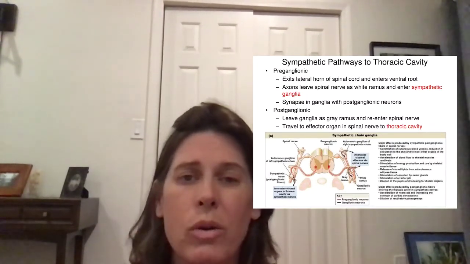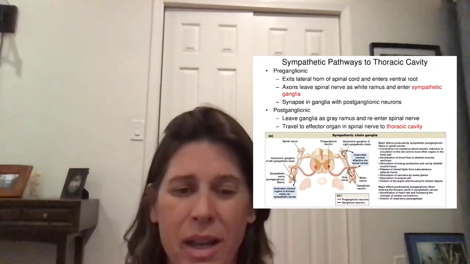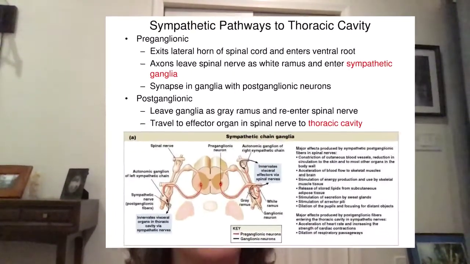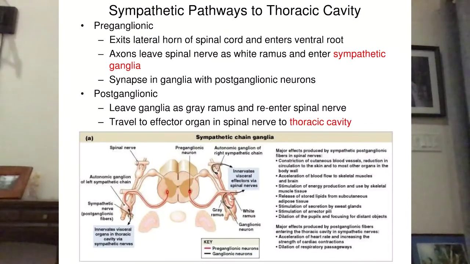Okay, so you are going to be learning a pathway. And some of you might have done this in anatomy already, but I know not every instructor may cover this. So I want to make sure that we cover it here because it's really about the functioning, how we stimulate our organs in our body cavities.